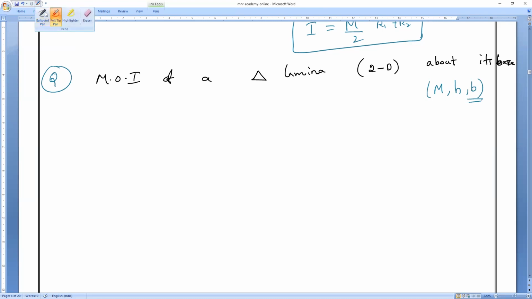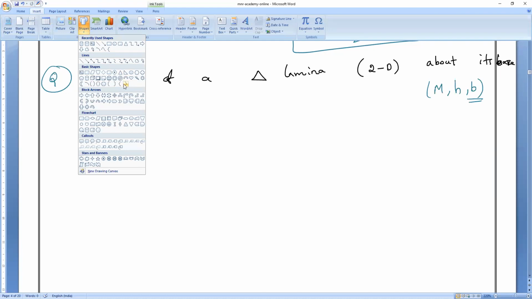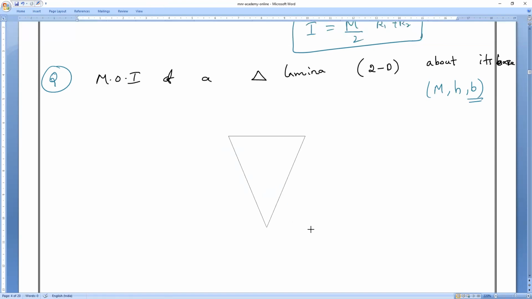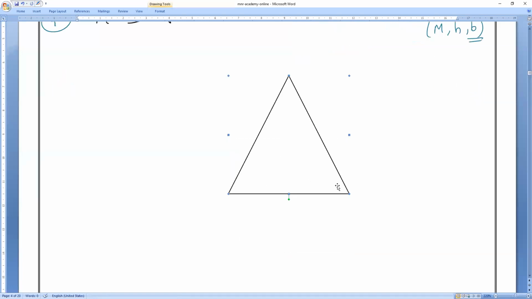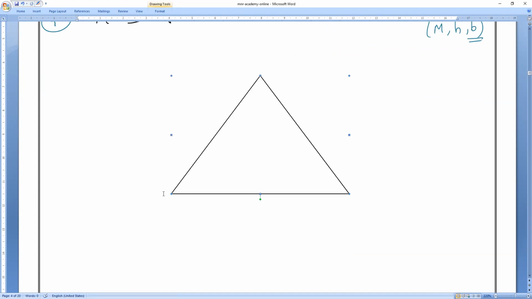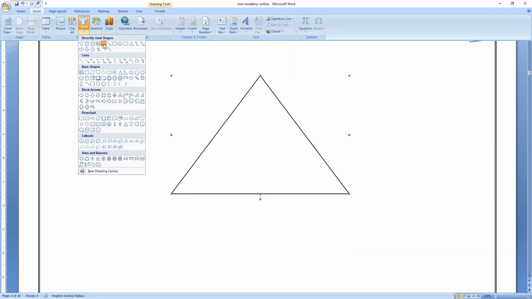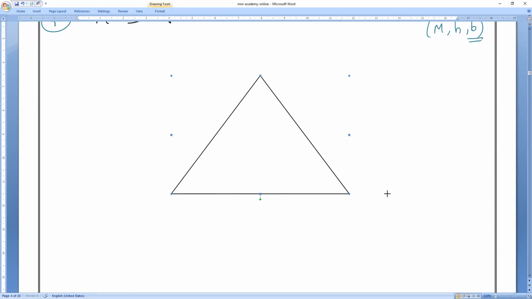We want to find the moment of inertia about its base, which means the axis of rotation is passing through the base. This is my triangle, and about its base it is rotating. Do you all agree with me?